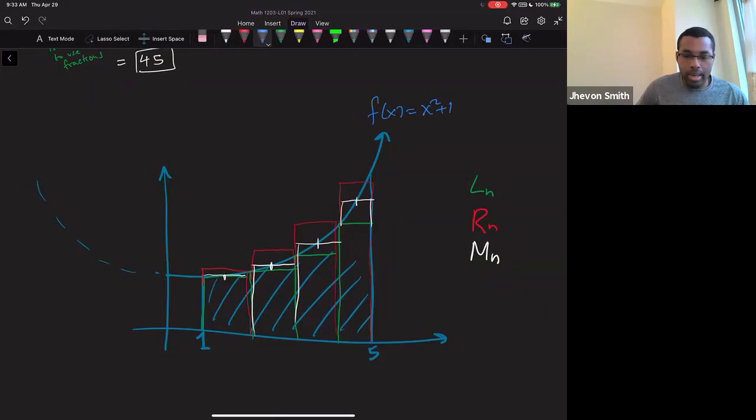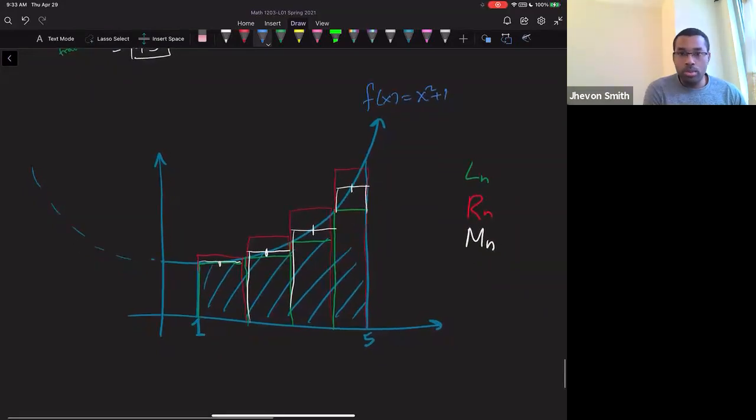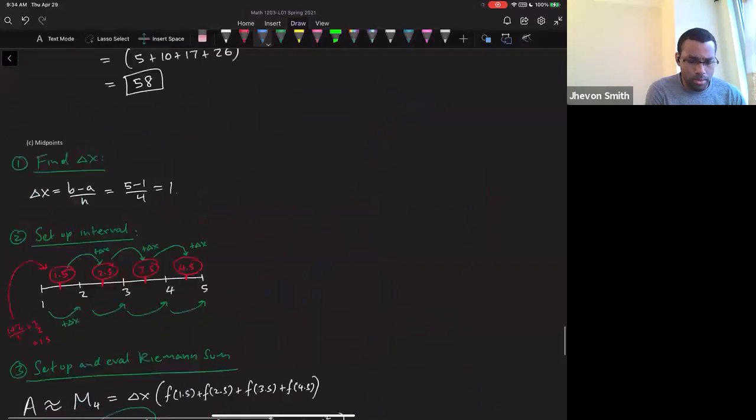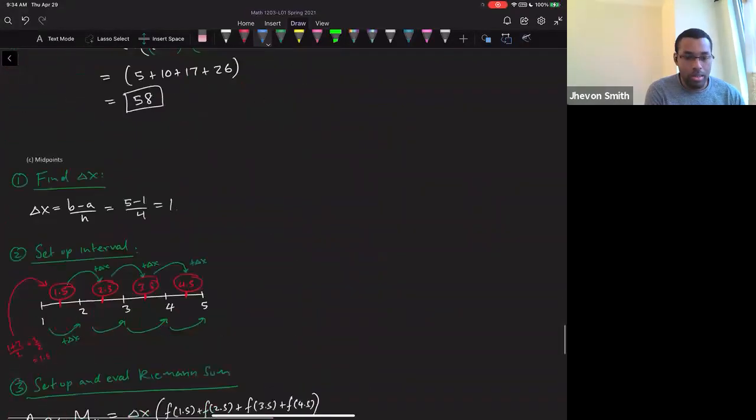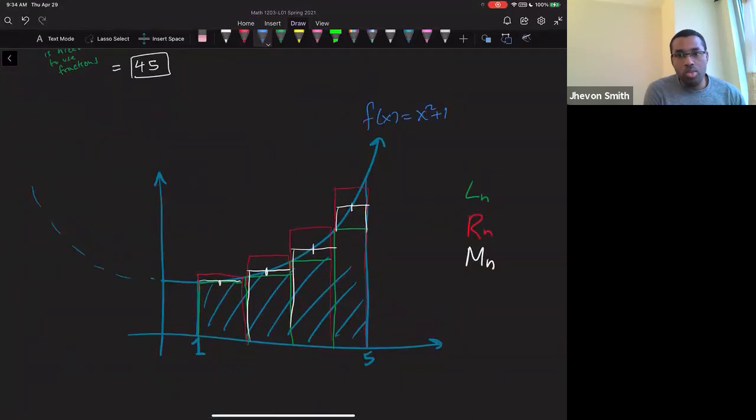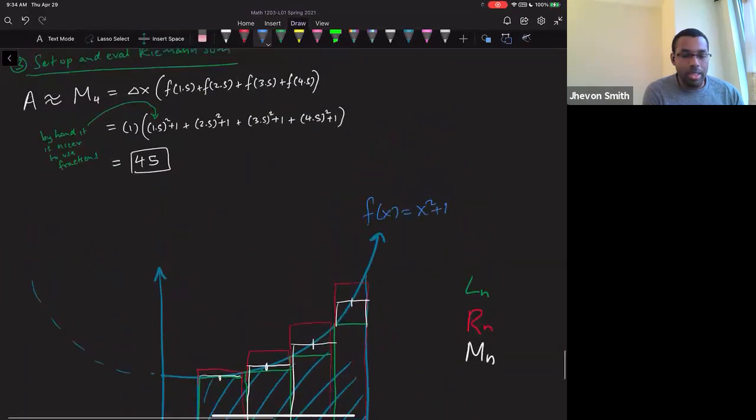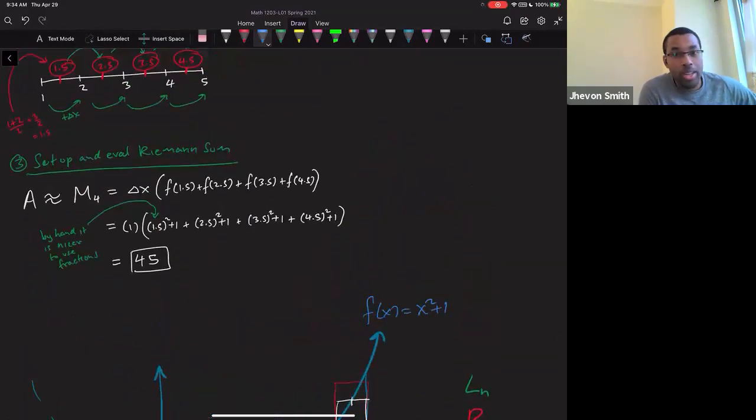And then we did the left-hand rule, which is represented by the green rectangles here. You'll notice that they're all underneath the curve. So they gave us an underestimate of 34, I think. Then you have the right-hand rule, which are the red rectangles. Notice that the red rectangles are above the curve. So they gave an overestimate, 58. But then the midpoint, the white rectangles, you'll notice that they give you both an underestimate and an overestimate. They gave us a much more moderate, mellow, to the center 45, in between what the left and right hand gave us.